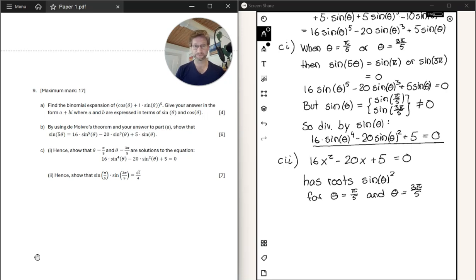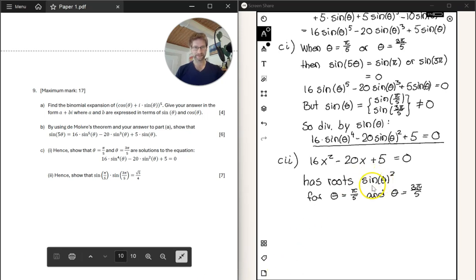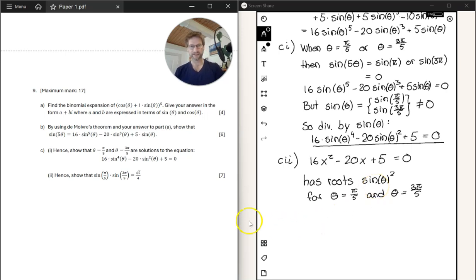Then we think, when you have the roots that are sine of theta squared, and it looks a lot like they want to multiply these roots, then we think, well, we have this rule that the product of the two roots in a polynomial is equal to the constant coefficient divided with the coefficient to x squared.